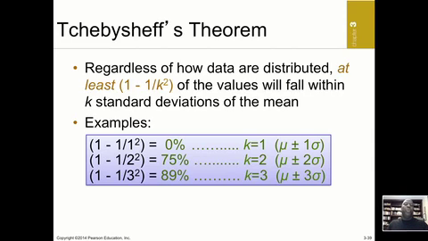So if we use one standard deviation, then it says here, at least 0%, well, that makes sense, would fall in that range. So you can see this is highly conservative, of course, right? If we look at two standard deviations, then at least 75% of the values will fall in that range. All you do is substitute k equal to 2 and compute this value. And then if we look at three standard deviations, at least 89% of the values would fall in that distribution.